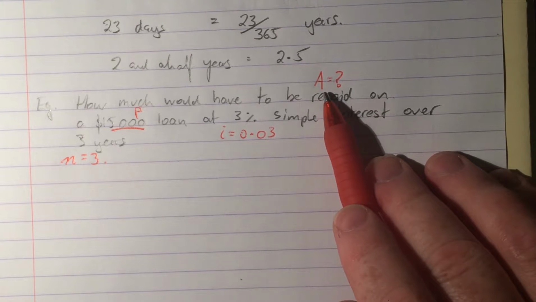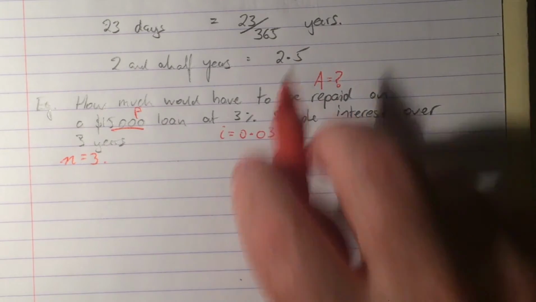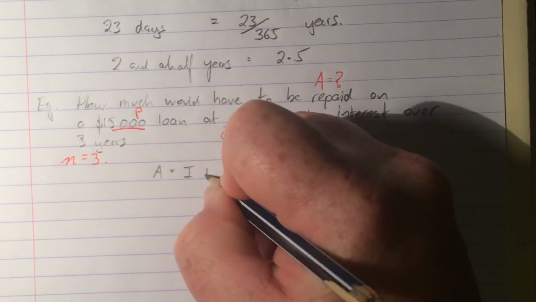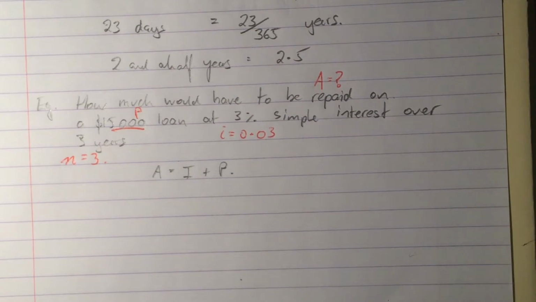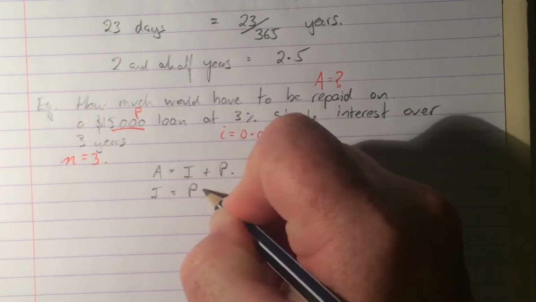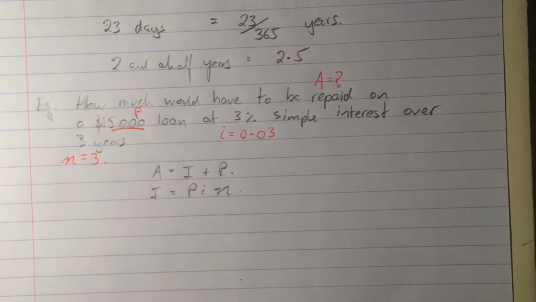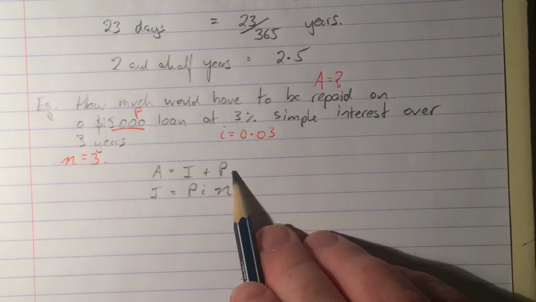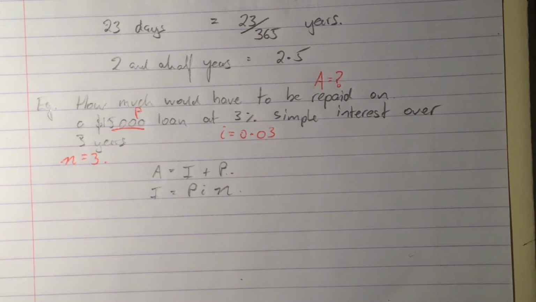Now we don't have a formula that will tell us exactly what the amount is, but we do know that it will be whatever the interest is plus the principal. We don't know what the interest is yet, but if we use our simple interest formula, then we can calculate the interest, and then we can use that with the principal to find the final amount.